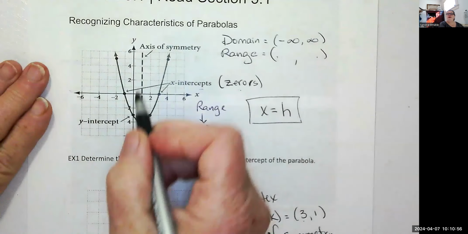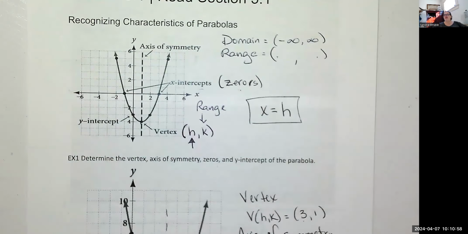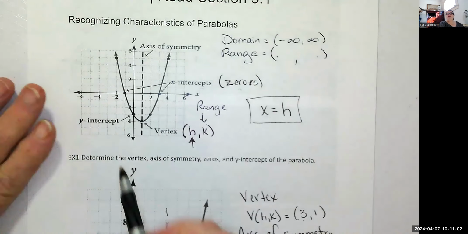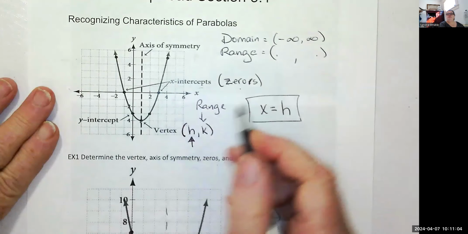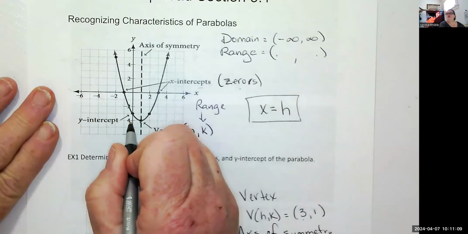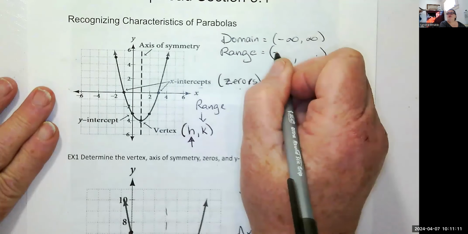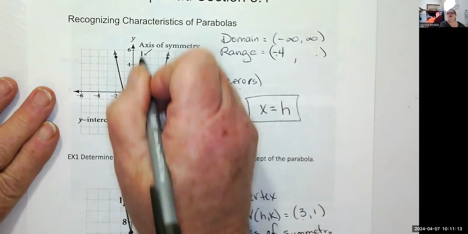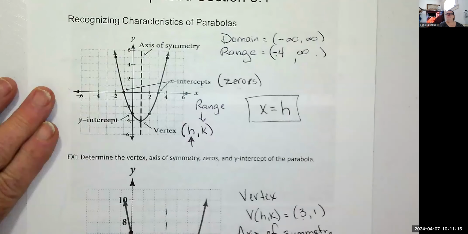If it's opening up, as in this case, remember range starts from the lowest point and then goes up. So our lowest point here is -4. So it starts at -4 and then it goes to infinity.